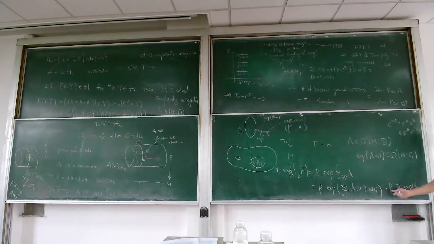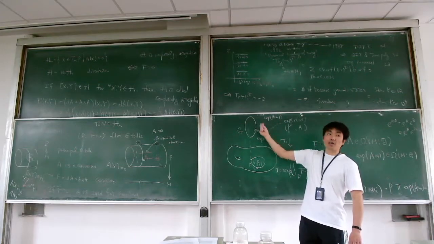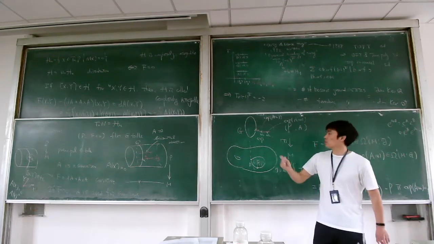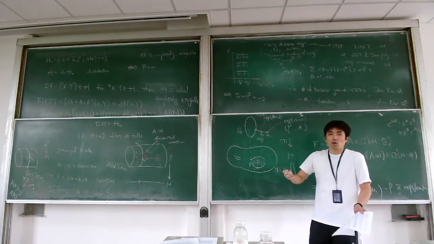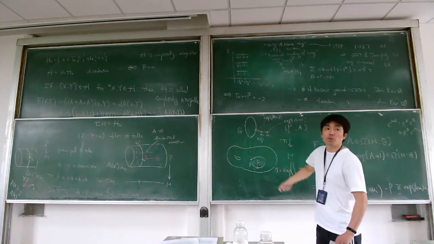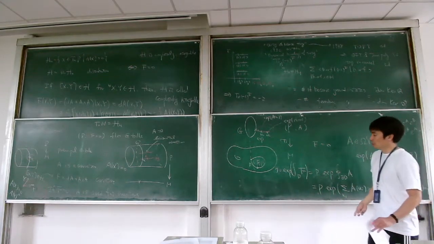That's the path ordered multiplication. At each point as you go around, you always do right multiplication or left multiplication, depending on which way you move around. That's called path order.